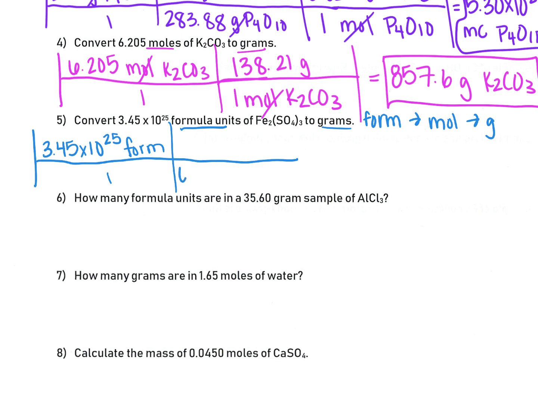Why bottom? Okay, you're dividing. That unit has to cancel. So there's 6.02 times 10 to the 23rd formula units in every 1 mole. And now, how do we get from moles to grams? We multiply by the molar mass.